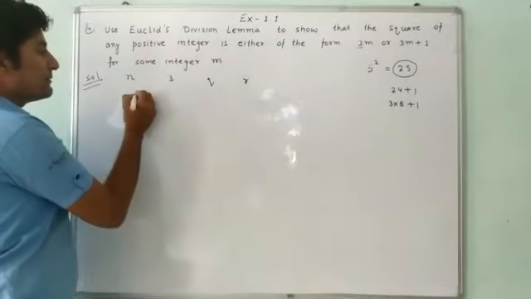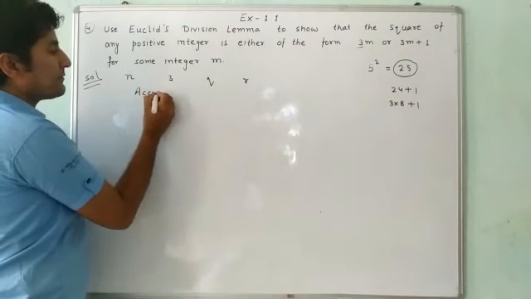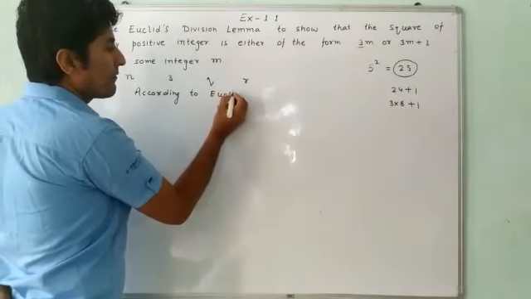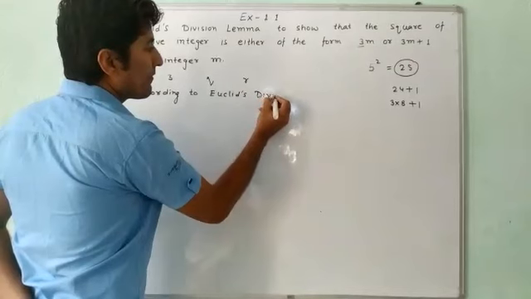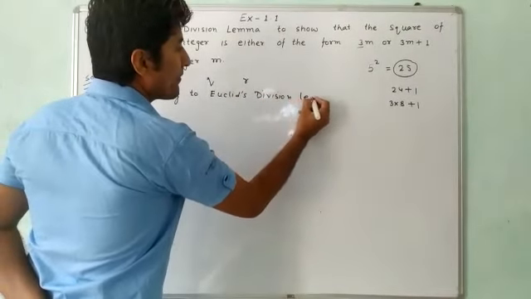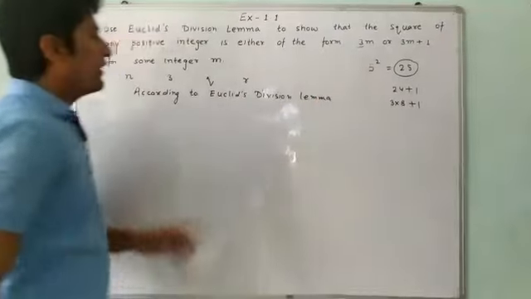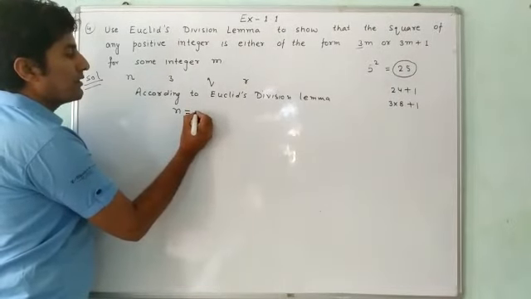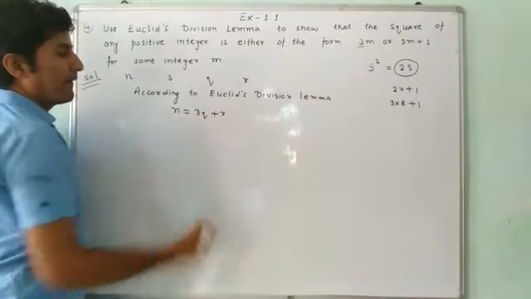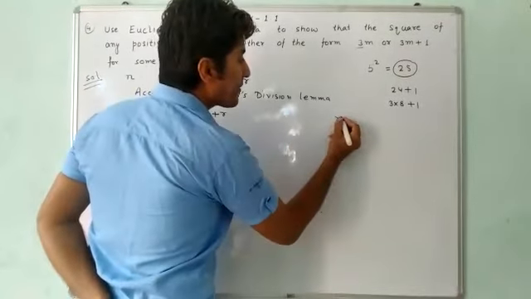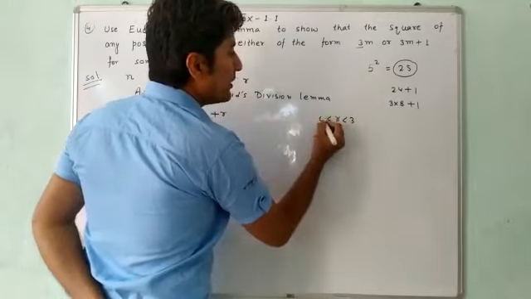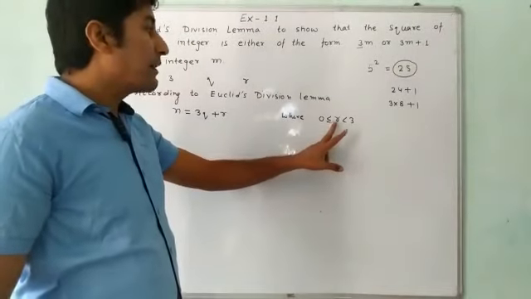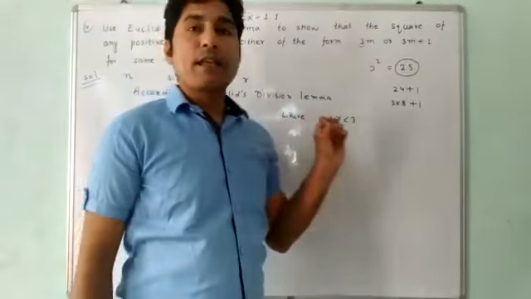Now, according to Euclid's division lemma, we can write n equals 3q plus r, where the value of r will be greater than or equal to 0 but less than 3.